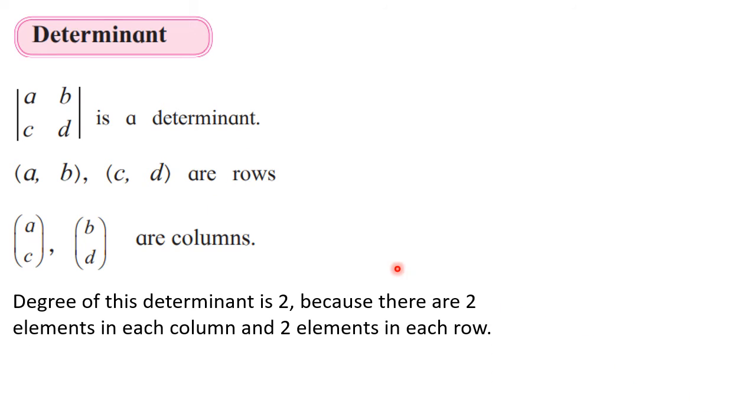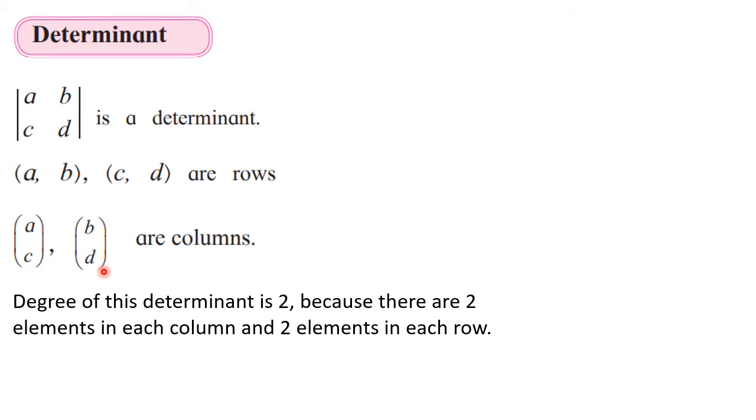Okay, because it is having two rows. See, this is the first row where you have two elements A, B, and in the second row you have two elements C, D. So there are two rows and there are two columns. A, C gives you the first column, and B, D gives you the second column. You know that rows mean horizontal lines and columns mean vertical lines.